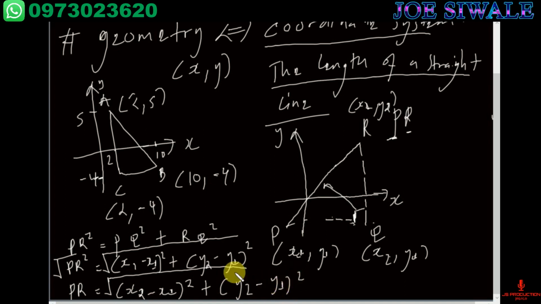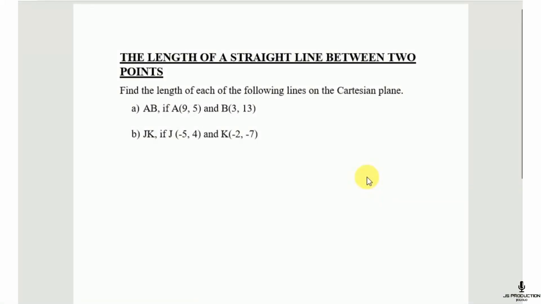This is the formula that we use when calculating the length of a straight line between 2 points. We are going to continue with finding the length of a straight line between 2 points, and we're going to look at some examples.